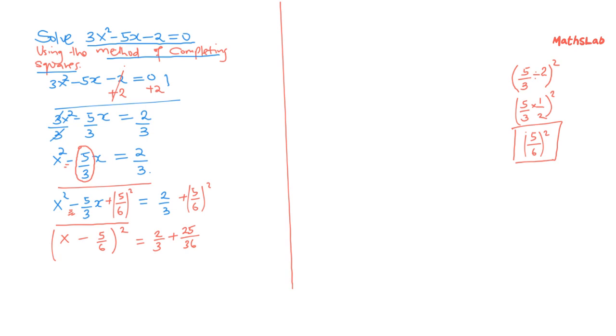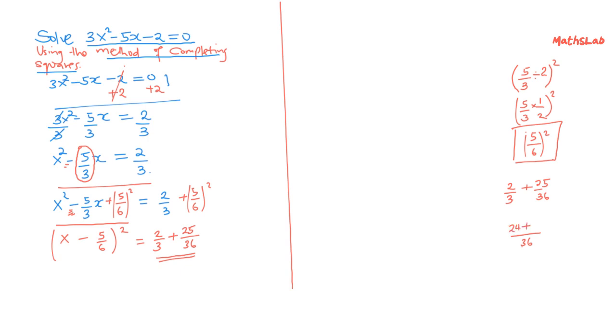Before we go on, I would want us to try and simplify the right hand side of the equation, and we want to do that right here. So we have 2 out of 3 plus 25 out of 36, and we want to combine them and have one fraction. Our LCM, the least common multiple there, is 36. So 3 would go into 36 12 times. Then we are going to multiply that by 2 to obtain 24.